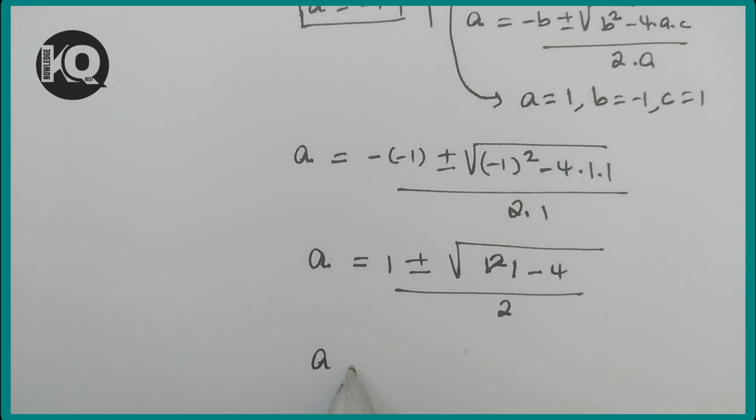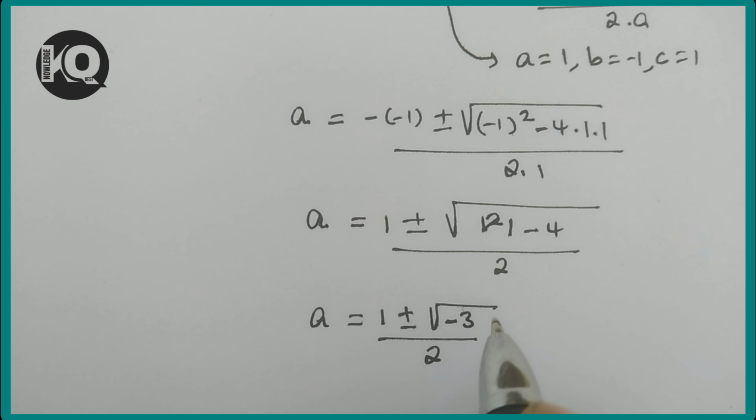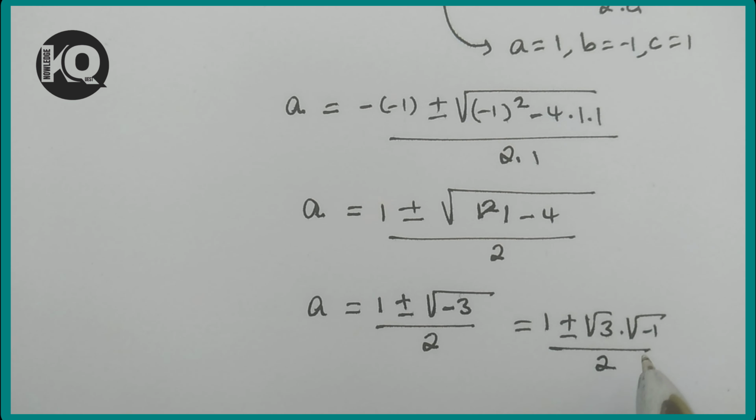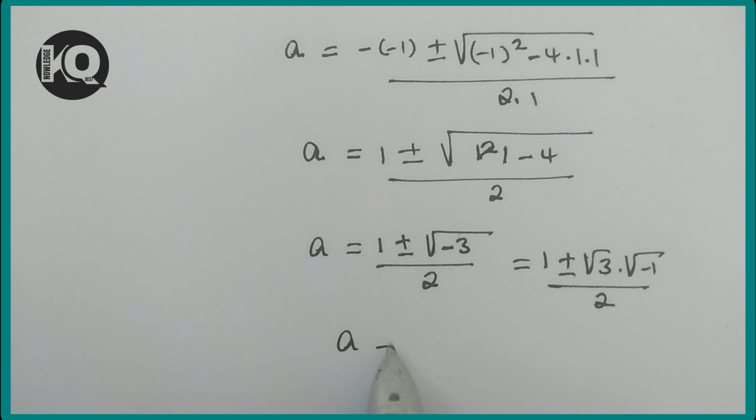So a is equal to 1 plus or minus the square root of 1 minus 4, which is minus 3, divided by 2, which is equal to 1 plus or minus square root of 3 times the square root of minus 1, divided by 2. The square root of minus 1 is i. So a is equal to 1 plus or minus square root of 3 i divided by 2, which is complex.